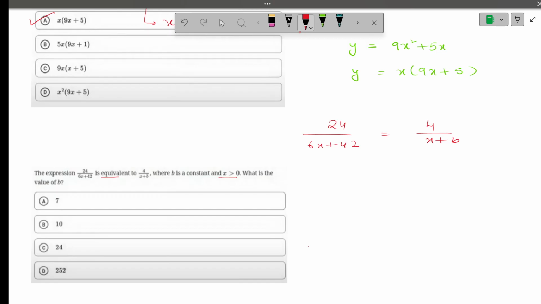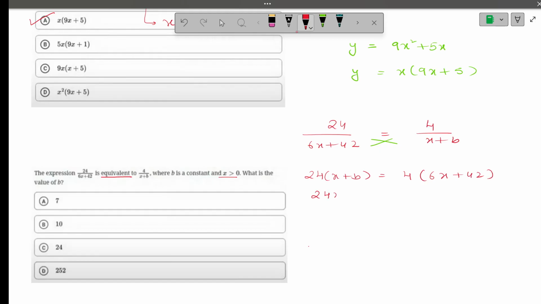Now since they are both equivalent, you can either set them equal to each other and then solve this equation to find the value of b. So you can cross multiply them. You get 24 times x plus b is equal to 4 times 6x plus 42.